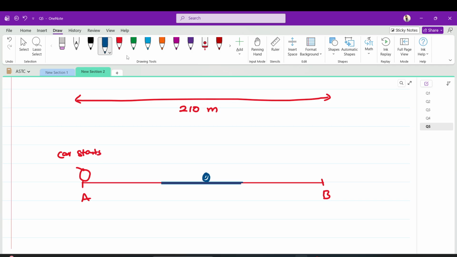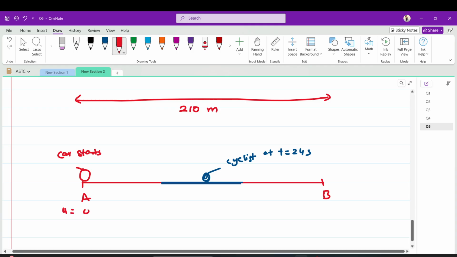And this is your cyclist at t equals 24 seconds, and at t equals 24 seconds the car hasn't started to move. So we know that its initial velocity is 0 meters per second. This is for the car. And we know that its acceleration is 4 meters per second squared.